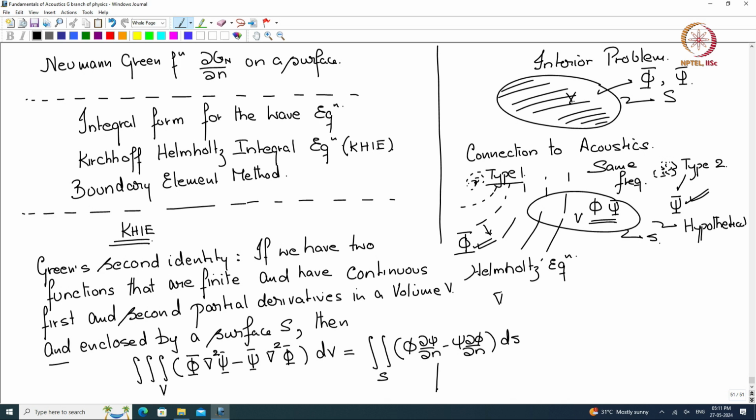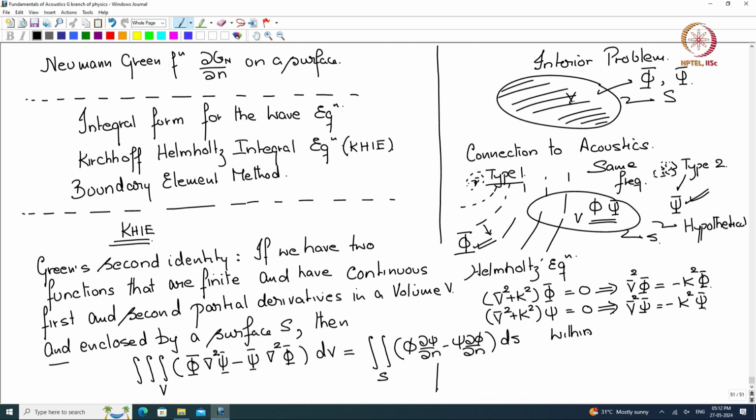So, what do we have here? We have del square plus k square of phi equal to 0, okay, which means del square phi is equal to minus k square phi, and similarly del square plus k square of psi is equal to 0, implying del square psi is equal to minus k square psi within the volume, that is important, within the volume, not in the region where there are sources.